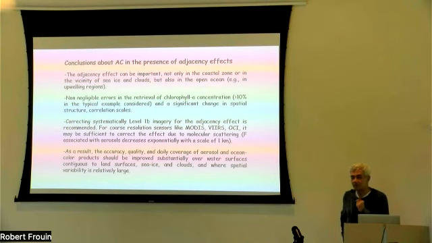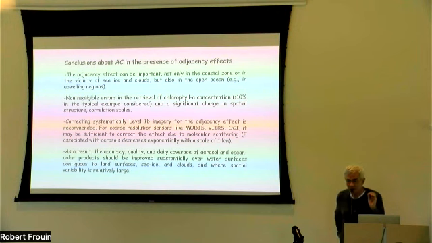But in a spectral matching algorithm like Polymer, the drawback is that when the atmospheric signal resembles the ocean signal in terms of the spectral shape, you just cannot distinguish between the two. And this introduces some uncertainties.